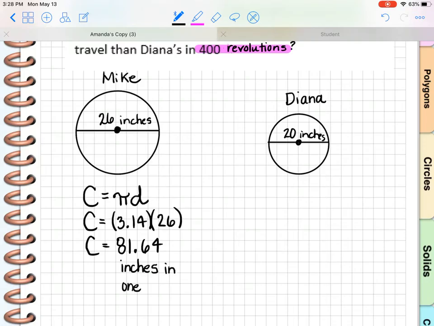So in one turn, Mike can go that many inches. Let's see about Diana's bike.